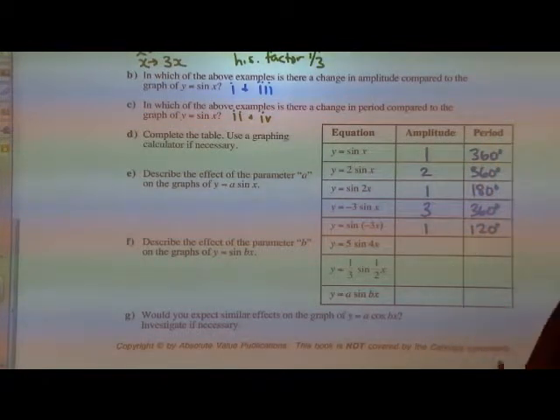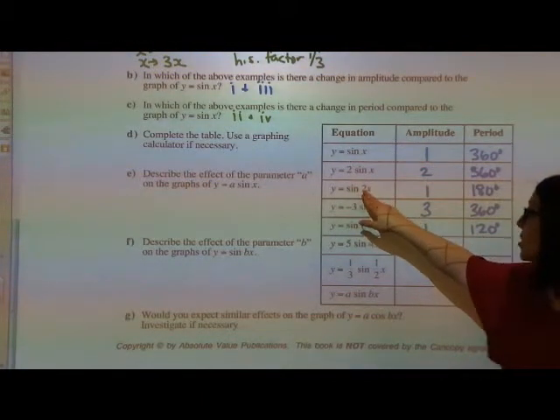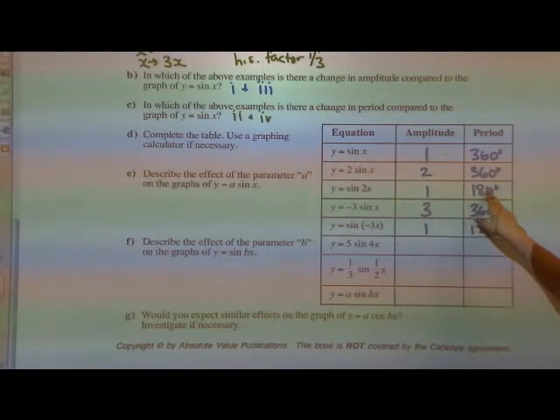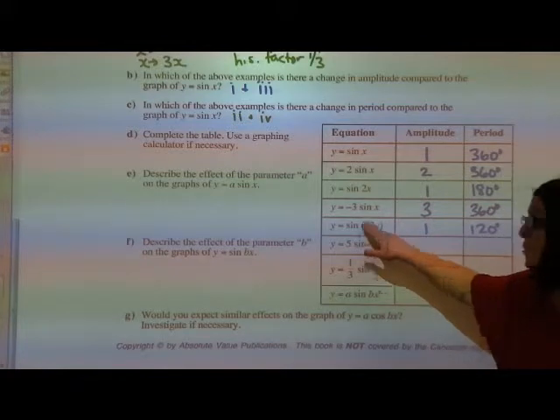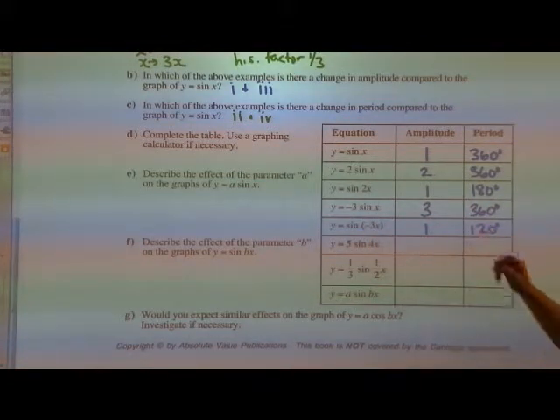What about the periods? What can I use to help me determine the period? You can use the replacement with x or multiply 360 by the factor of replacement. Okay, so the replacement here was a 1/2. Half of 360 is 180. This one was a replacement of 1/3. A third of 360 is 120.